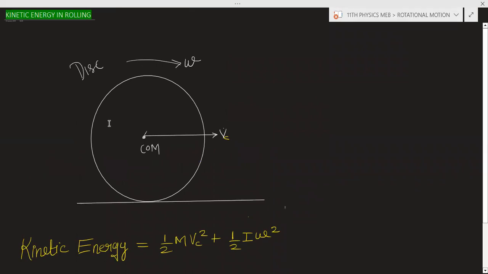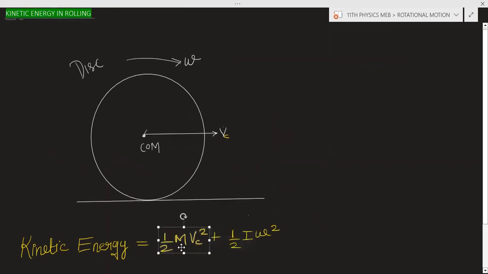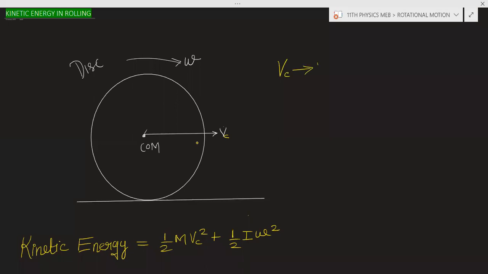So remember, in rolling motion, total kinetic energy is kinetic energy due to the linear motion plus kinetic energy due to the rotation. So due to the linear motion, the kinetic energy is half m into vc square, and vc is the velocity of center of mass. You can write here, Vc is the speed of center of mass, or velocity you can say. What is I?